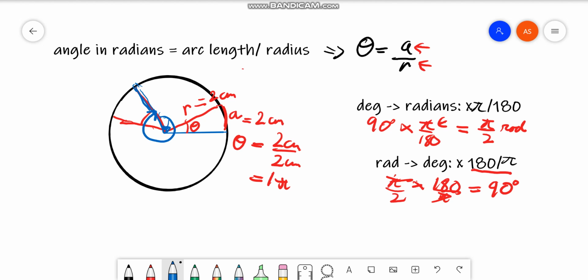If you start from here and go around like this, you get the same thing. So they are coterminal angles, and they differ by 360 degrees.